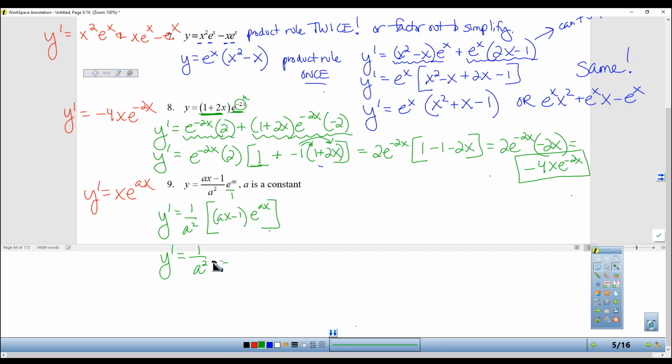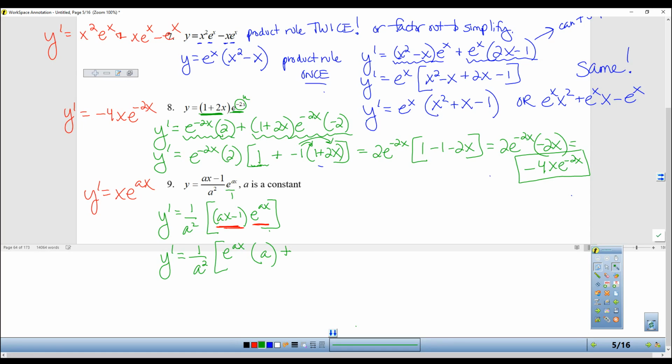So I take that denominator out, and now what am I going to do? Product rule. You're going to get so sick of product rule. But hopefully I'll say it enough that you won't forget to use it. So the second times the derivative of the first. If this was 2x minus 1, you would just write 2. So I'm just going to write a.